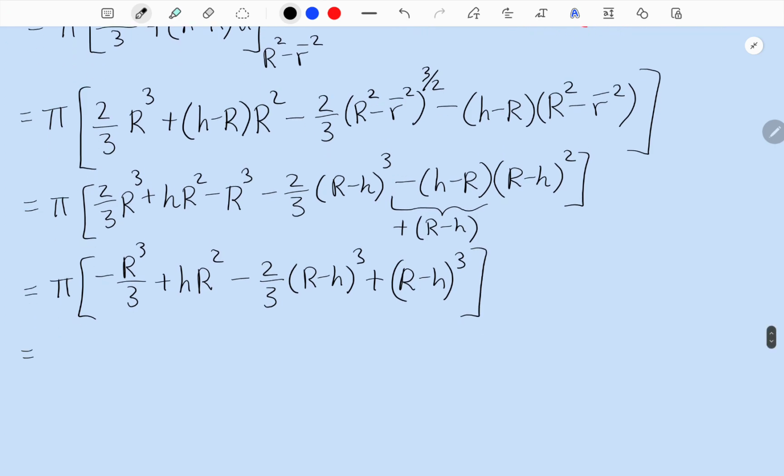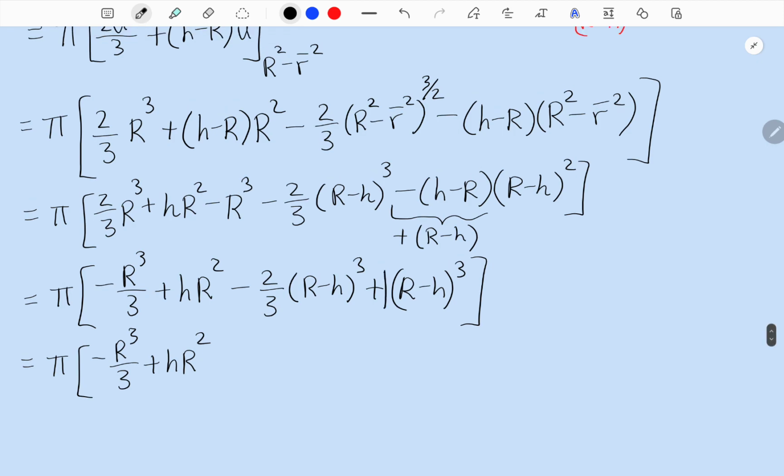And that is going to equal pi multiplied by negative r cubed over 3 plus h r squared. So I have 1 r minus h cubed minus 2/3 r minus h cubed. So 1 minus 2/3 is 1/3, so I get plus 1/3 of r minus h cubed.